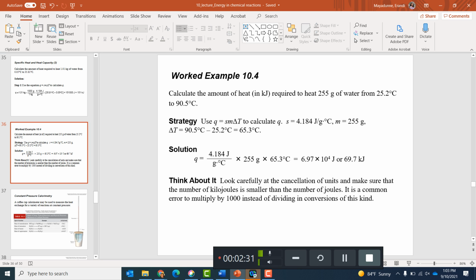Delta T is the temperature change: final temperature 90.5 minus 25.2, you get 65.3. You multiply all these three together and you get the heat. But it's given in joules, so to convert joules to kilojoules, you divide by 1000.